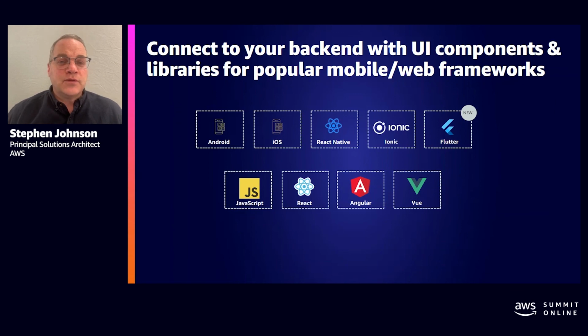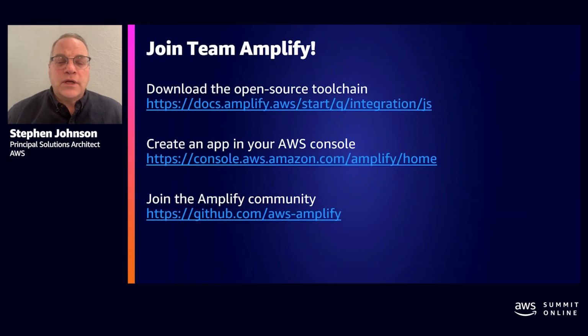Our roadmaps are driven by feedback from our customers. So if there's anything you'd like to see in Amplify, there's a really great way for you to let us know, and that is by joining our Amplify team. Amplify libraries and the Amplify CLI that we saw in use today are both open source projects that are hosted on GitHub.